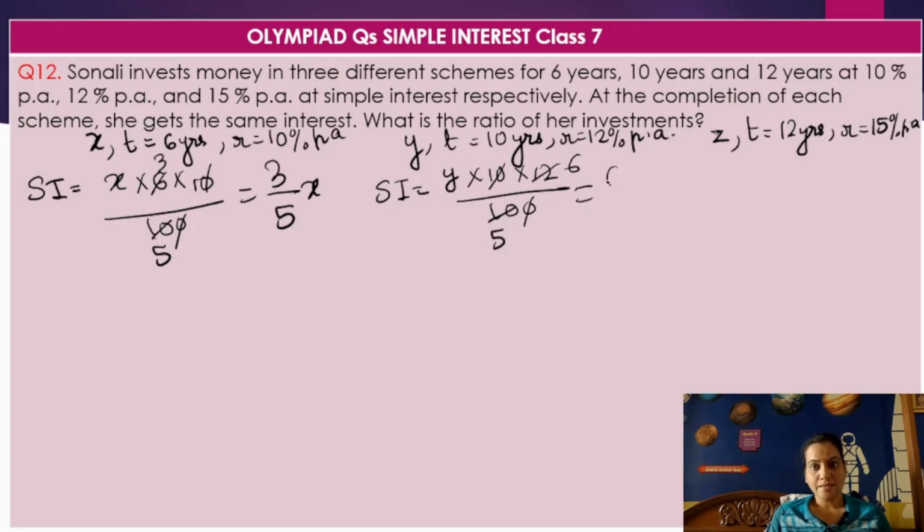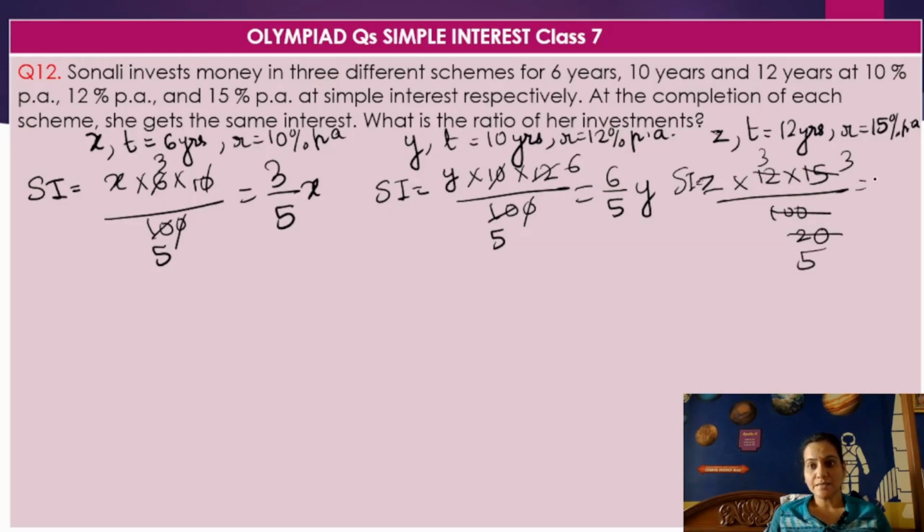So this is 6 by 5 Y, and in terms of Z, the simple interest will be Z into 12 into 15 by 100, right? So here we will cancel out the common factors. 5 3s are 15, 5 20s are 100, again 4 3s are 12, 4 5s are 20.